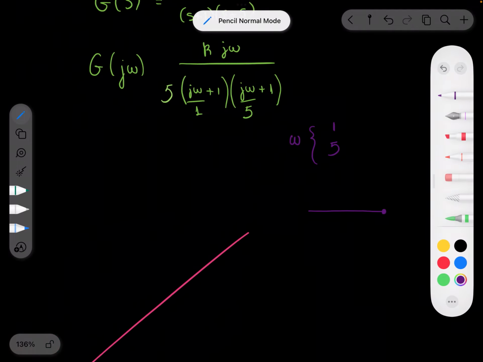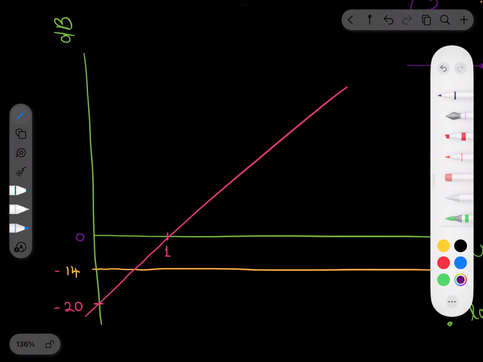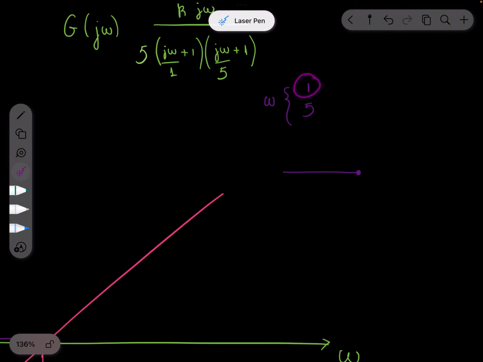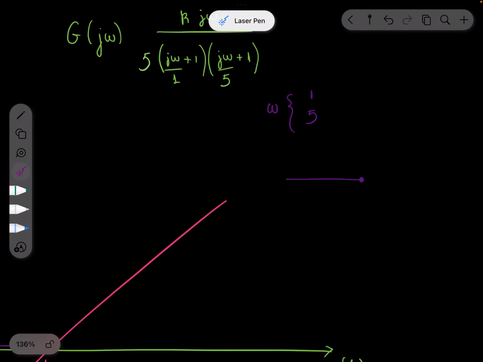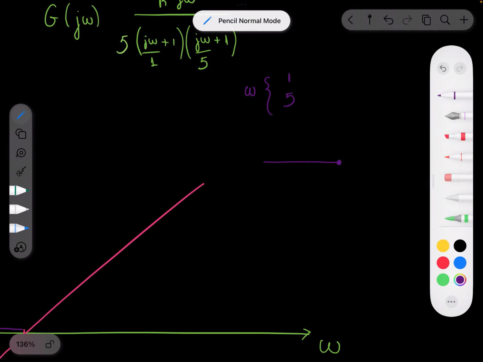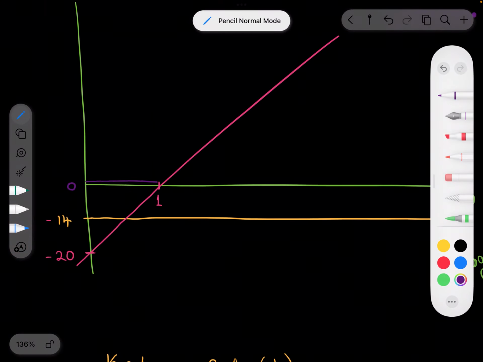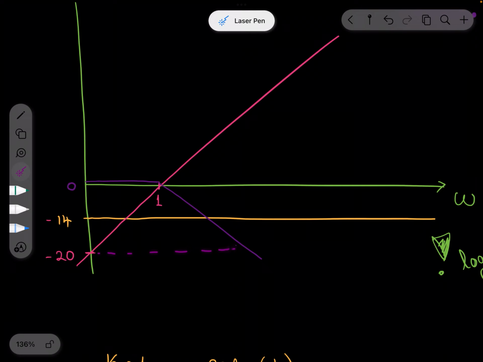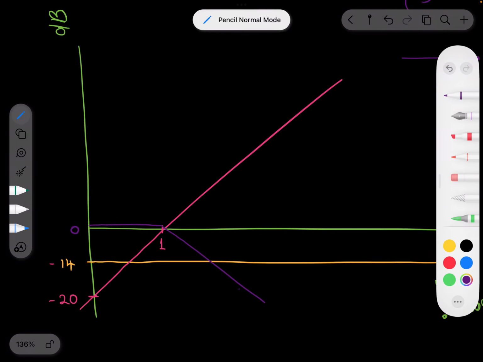So we said we're starting off with constant gain from 0 until we hit the corner frequencies. Our first corner frequency is at 1. You can see here. So since it's a pole, minus 20 decibel slope. So minus 20. So like here, you can see will be your next one. And it just continues down.